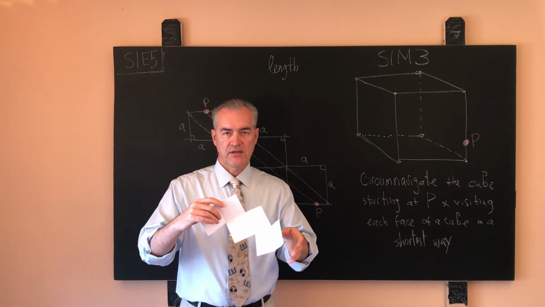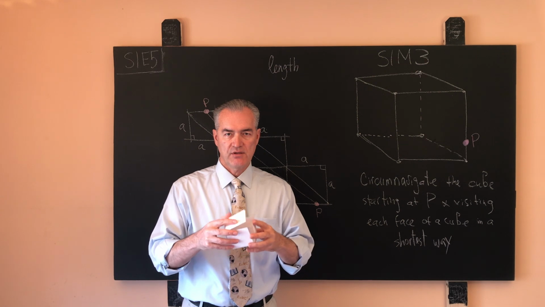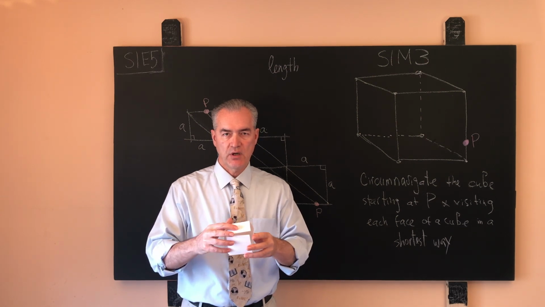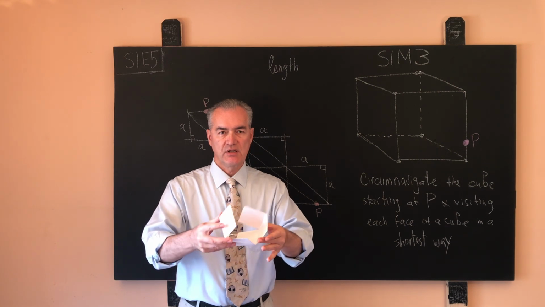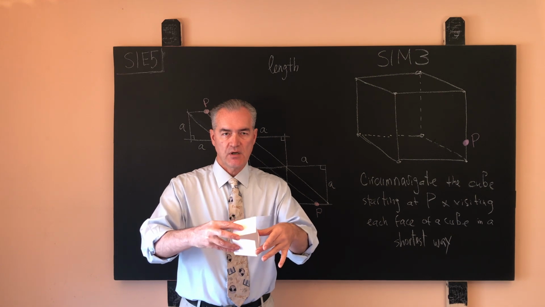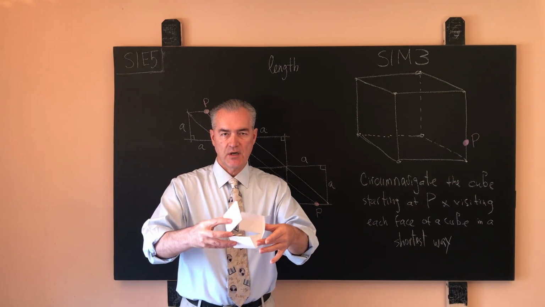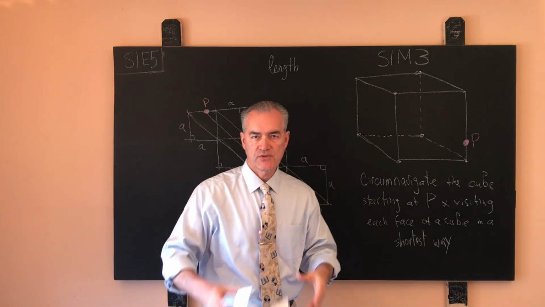And note that in this particular case, I did not cut any flaps in this particular net of a cube. As such, the resultant cube is quite flimsy, but you can see the magic of how a 2-space object becomes a 3-space object without any flaps, somewhat flimsy.